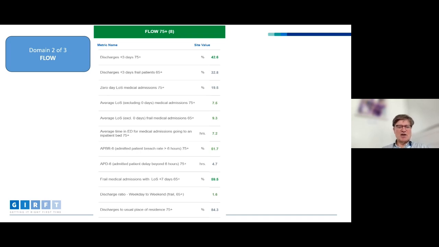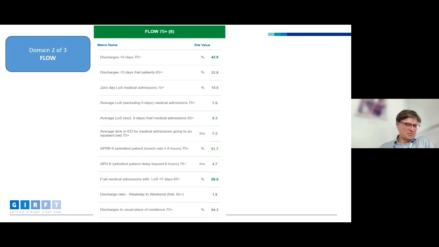And this metric gives that rate for your hospital. So broadly, it's the ratio between weekdays divided by the average of Saturday and Sunday, of which 2 is about the average. So there's an interrogation of weekend discharge.